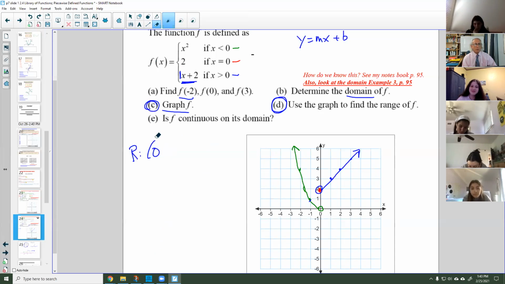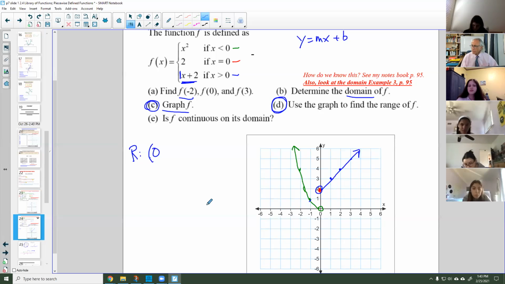Tiana, is 0 included or not included in this graph? It's not included. So I have a parenthesis there, right? Yeah. Good. All right. Now, this is a little bit tricky here.